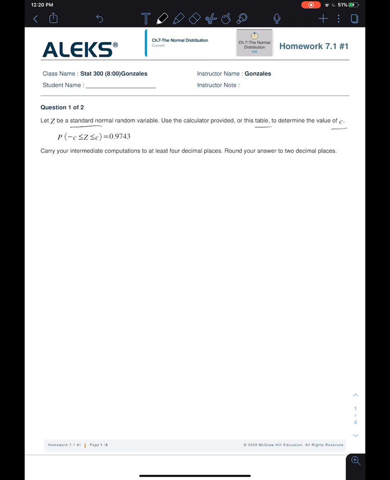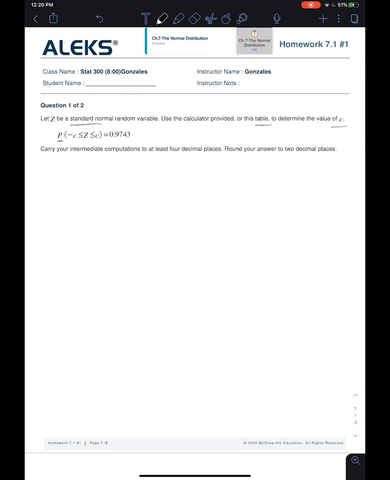Okay. Well, here's the question right here. Basically it's saying find the probability between these two values, negative c to positive c, and we're talking about z values, right?